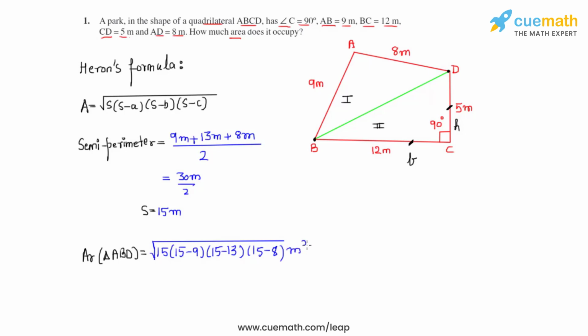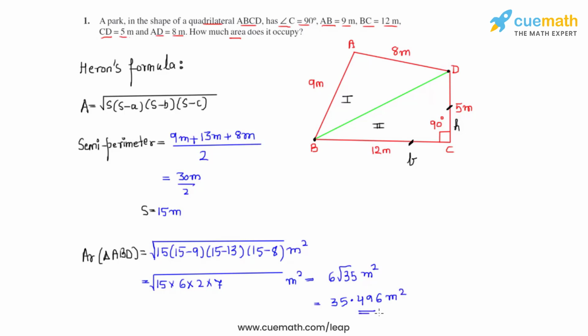That on further calculation gives us under root 15 times 6 times 2 times 7 meter square. That on further calculation comes as 6 root 35 meter square, which is approximately equal to 35.496 meter square.